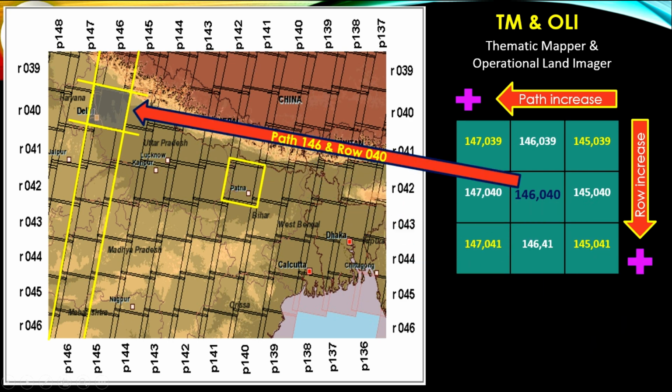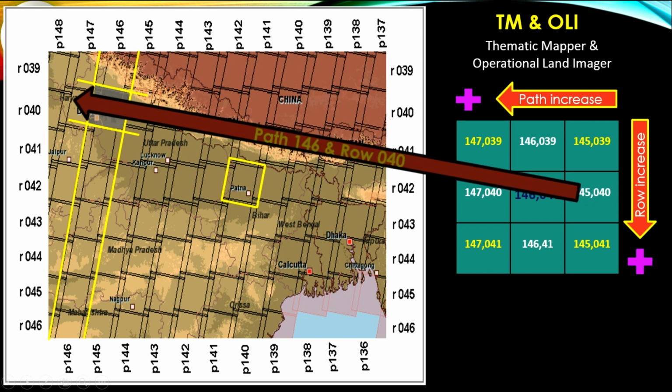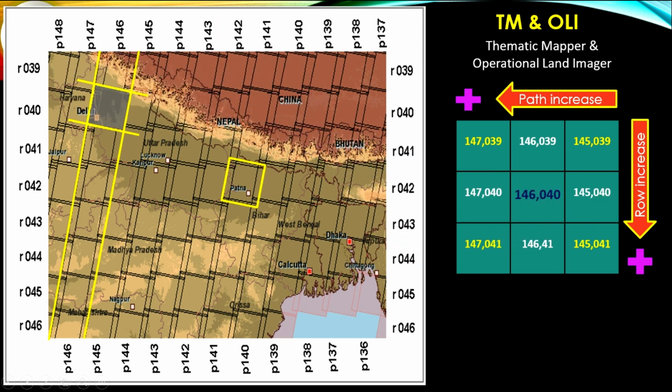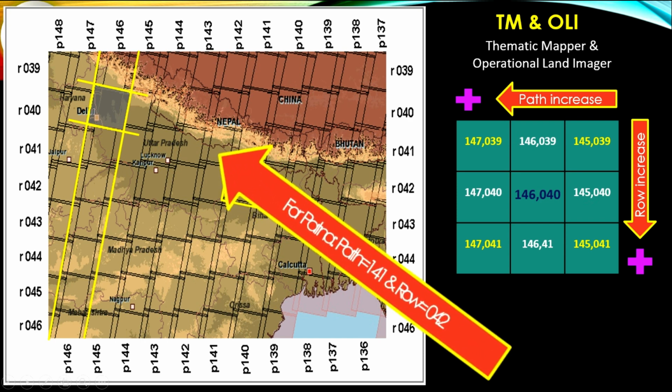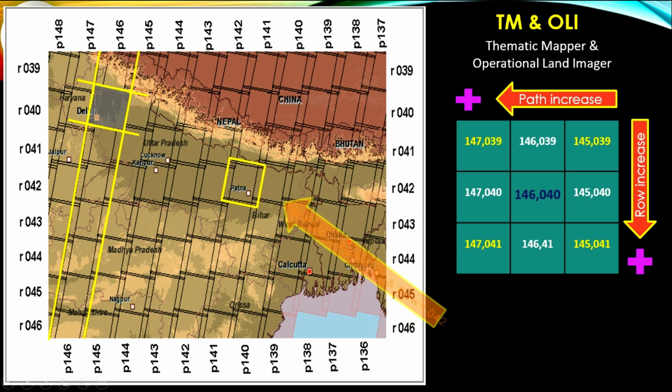At a particular point here the path is 146 and row is 040. In case of Patna, the path number is 141 and row number is 042.